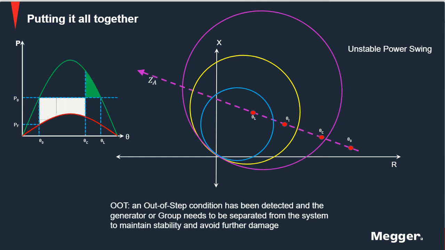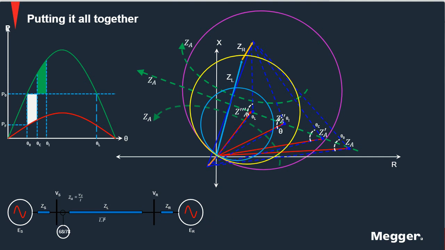Now, what happens in an unstable power swing? Remember this graph that we have here, and as we see the trajectory move towards the impedance towards the relay, we see that the angle between the sources is going to increase, right?